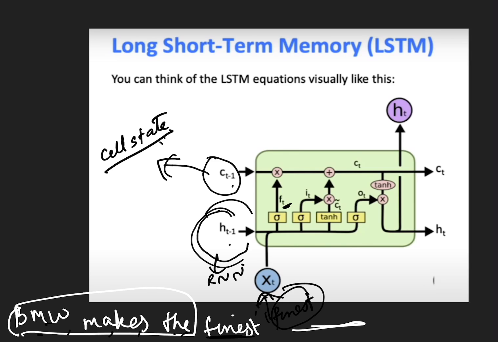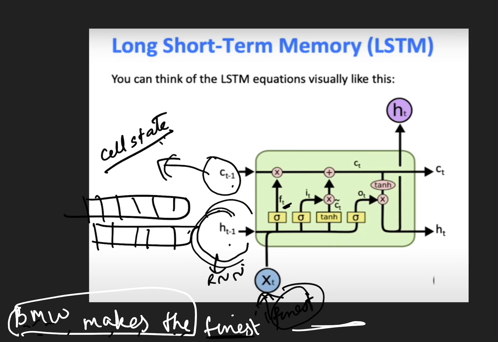This is my cell state. It already contains the information BMW makes the. What is it that should be forgotten? That would be a vector of size n. As I said, all these characters are vectors of the same size, so let's assume they are of size n. My cell state will contain some information like 0.5, 0.6, a random vector.